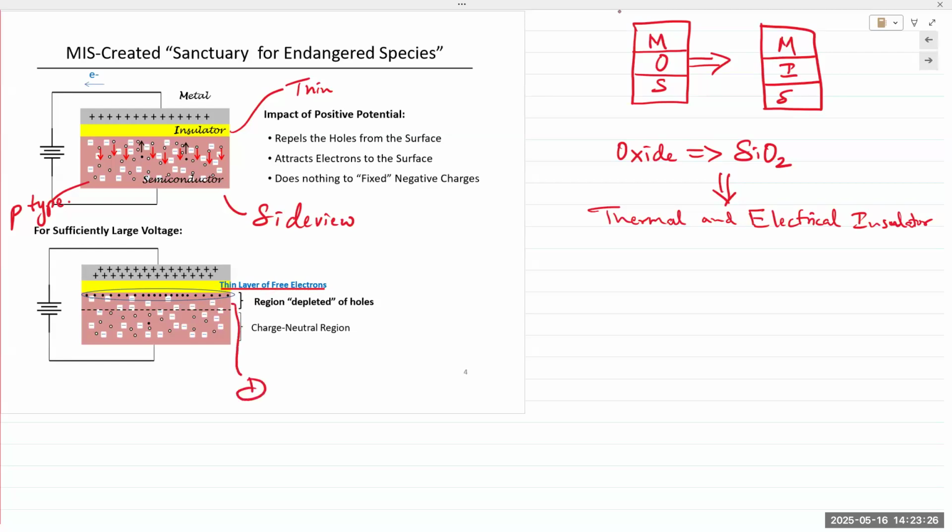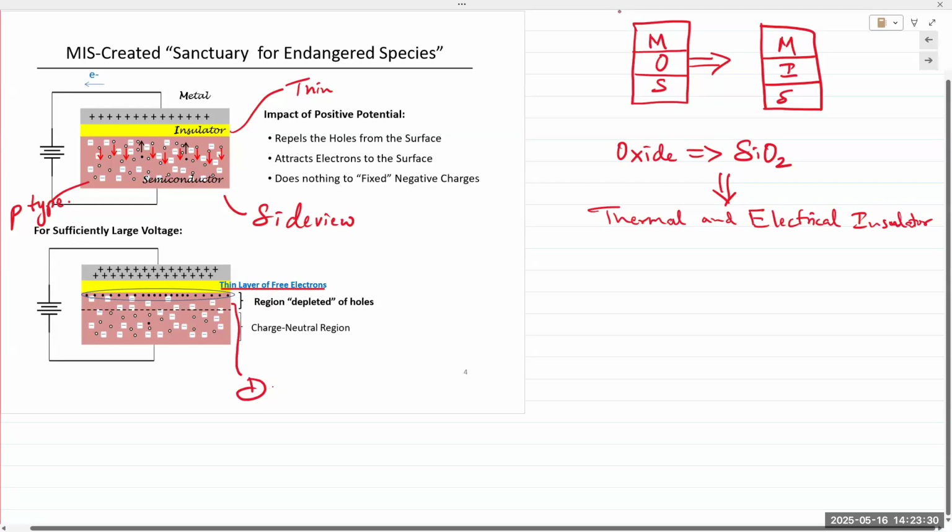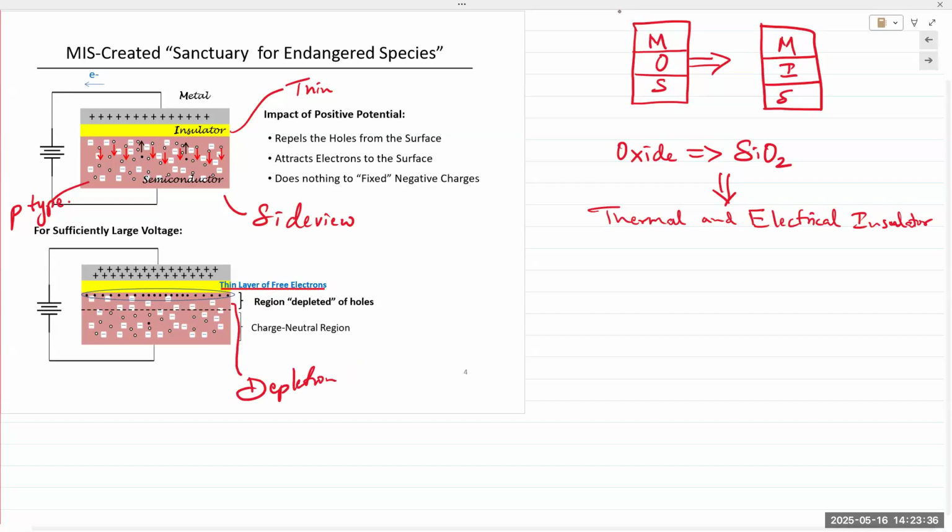And this region is depleted of holes. It is also known as the depletion region. Okay, so this is central to the operating principle of a FET, or of a MOSFET.